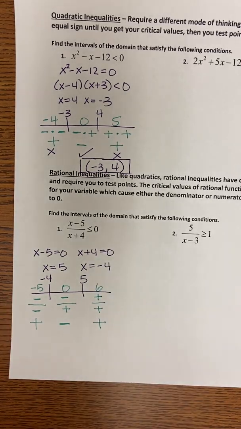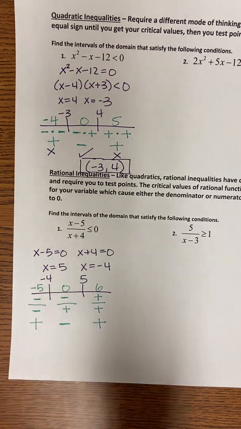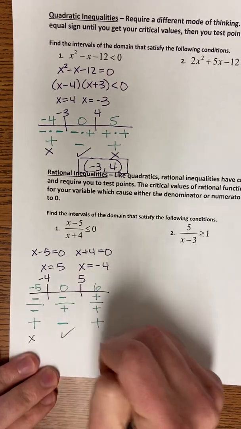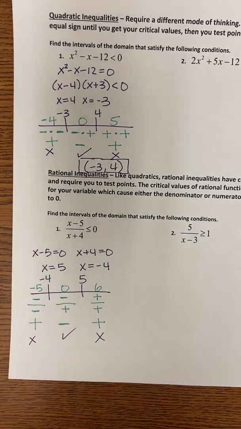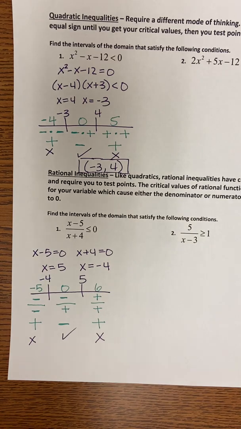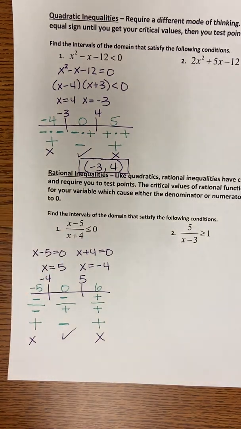And again, in this case, which numbers are we looking for? The ones that are negative. So not these other two regions. Now, what I had said in the quadratics is that if there was an equal to sign in the inequality, you would use brackets. But remember, in rationals, this expression is not defined at -4, because when you plug in -4, you're dividing by 0.